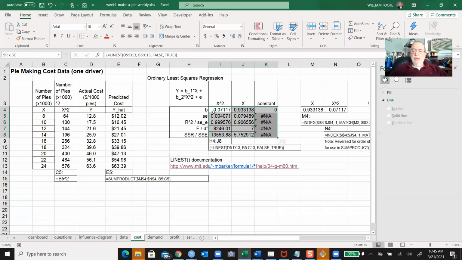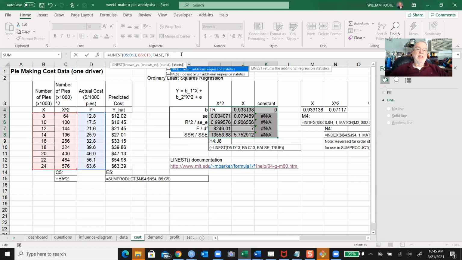I then press Enter. And what happens is you couldn't see it. It happened instantaneously again. It calculated all of these numbers.